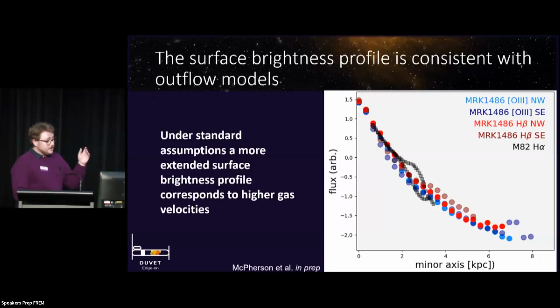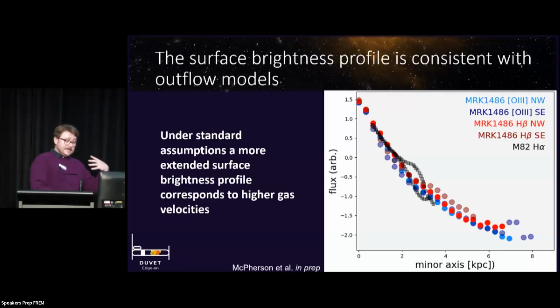I'm showing here the surface brightness profile in O3 and H beta in these minor axis regions. This is a really good place to start since it's a pretty simple measurement that doesn't require too many assumptions, and it's pretty empirically motivated. We've overlaid the H alpha surface brightness profile in M82 for comparison.